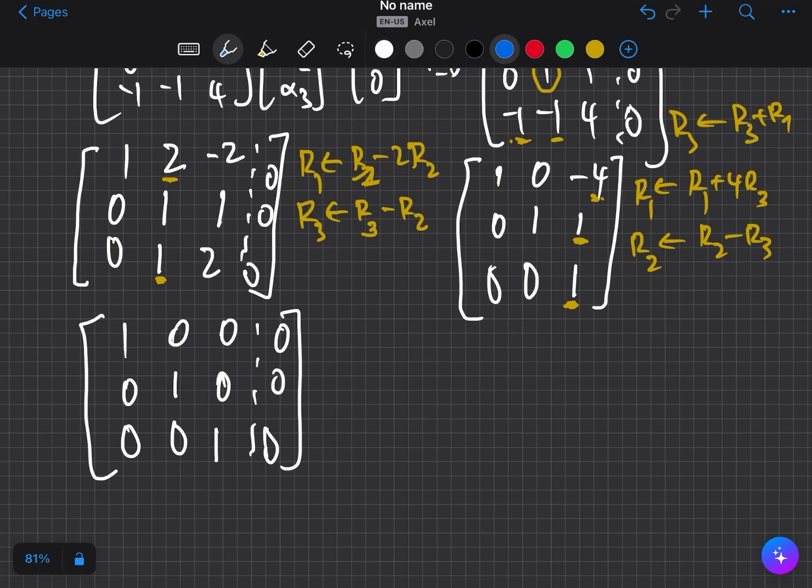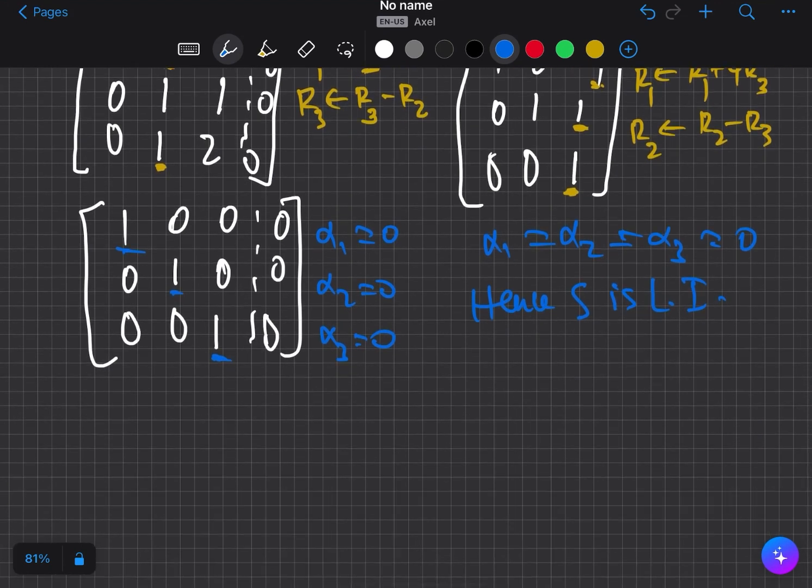We observe from here that alpha 3 will equal 0, alpha 2 will equal 0, and alpha 1 equal 0. So alpha 1 equals alpha 2 equals alpha 3 equals 0, which is the condition for the linear combination of the vectors to be linearly independent. So hence S is linearly independent.